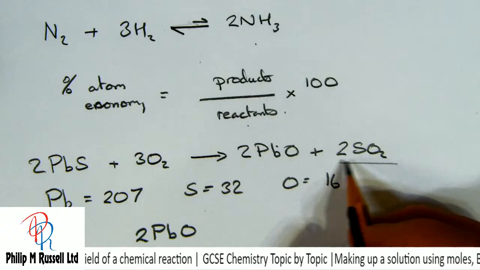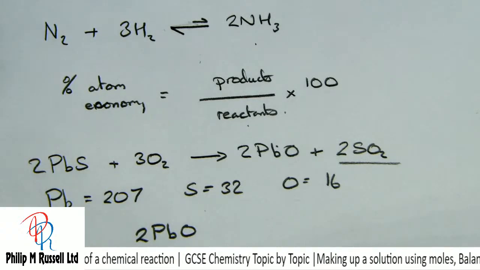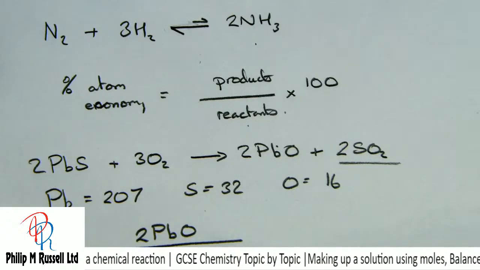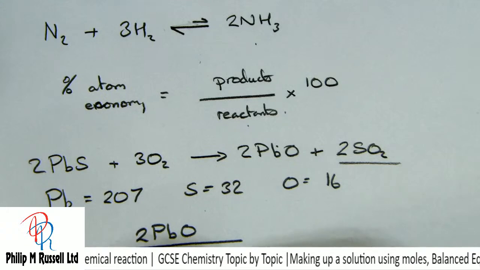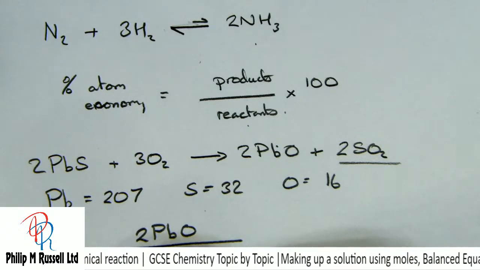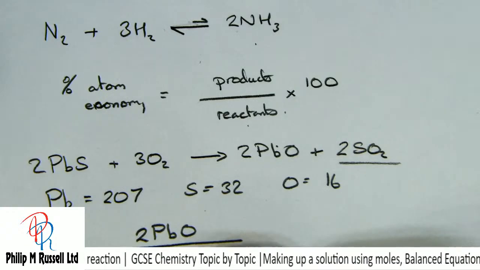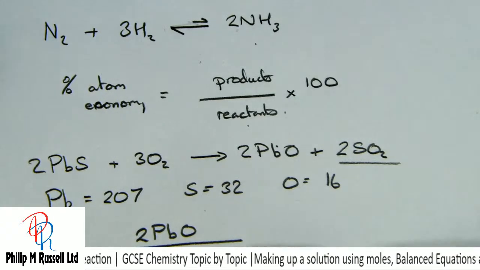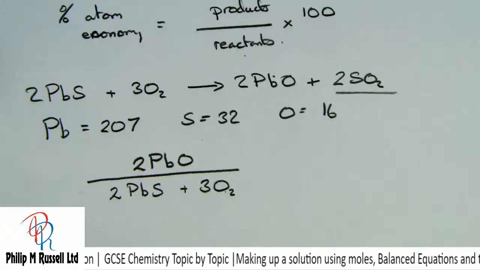I'm not making that. I'm only interested in the substance I'm making. And I'm making that from 2 lead sulfides plus my 3 oxygens, because these 2 are going to make that substance.